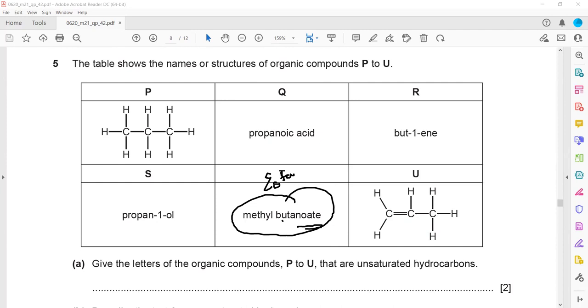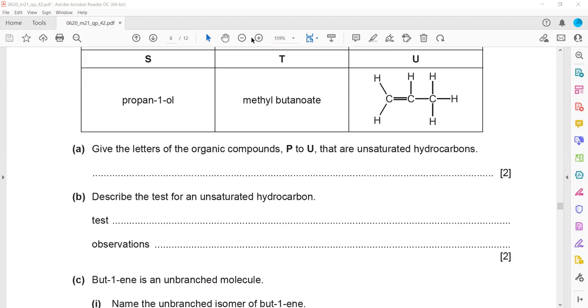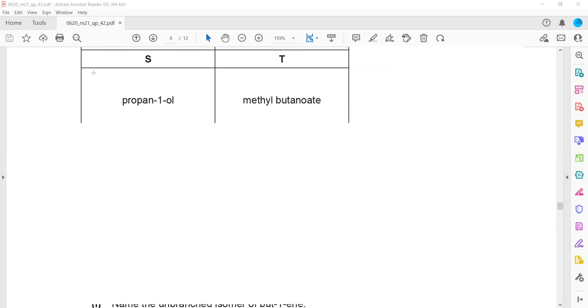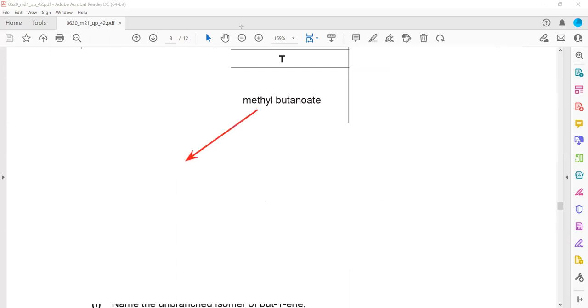And which two reagents react to form this ester? Remember, the first name of an ester is always from the alcohol, and the second name is from the carboxylic acid. So for example, with methyl butanoate, the first reagent is always coming from alcohol, so the reagent which reacts here will be methanol.